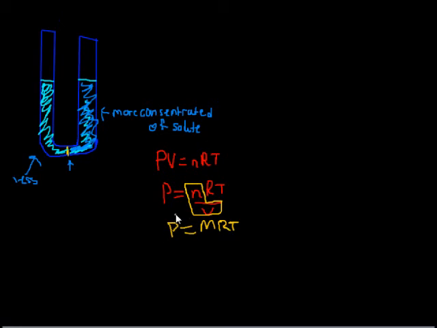And this is basically using gas laws for liquids, which I thought was, whoa. But anyway, this is the pressure being exerted on both sides at equilibrium, basically when the concentration of the solute is the same. The osmotic pressure is equal to the molarity of the solute, not the solvent, the solute, because remember, this is a colligative property.